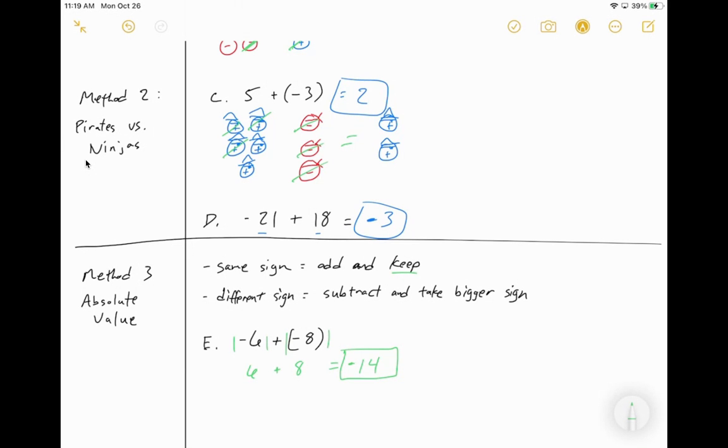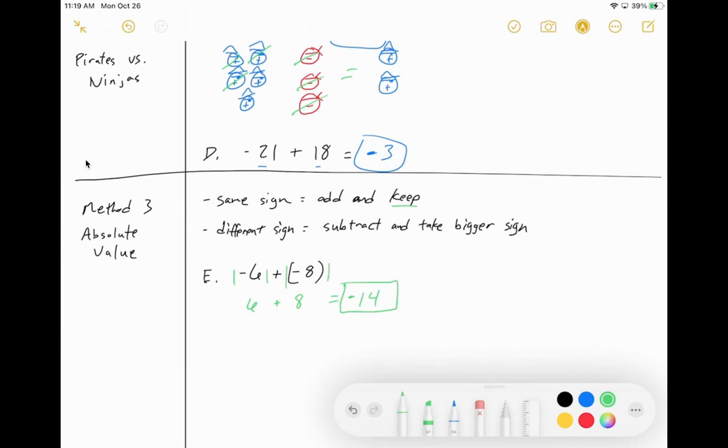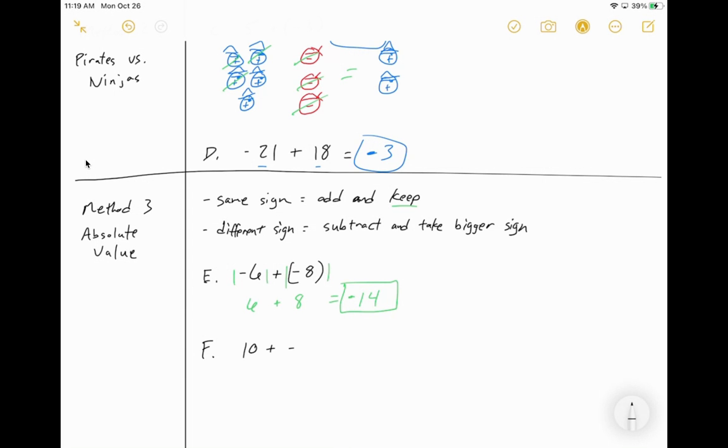Now, the different sign, that's the one that's a little bit harder. And this is where people get mixed up. All right. So 10 plus a negative 14. Okay. So this is what I'm going to do. I see that the signs are different, right? I have a positive 10, right? This is technically a positive 10.